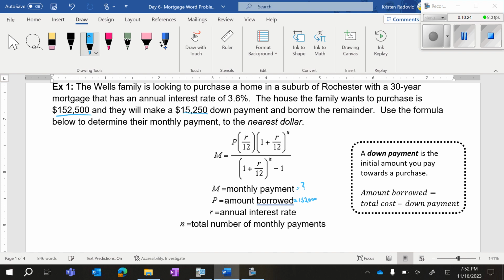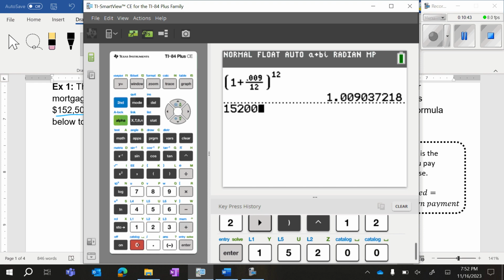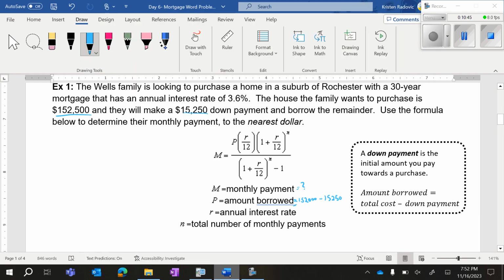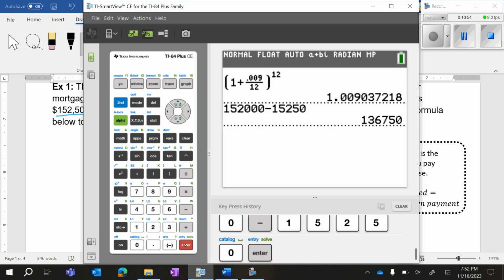I don't know, I need a calculator for that. 152,000 minus 15,250. So we borrowed $136,750. Now you need the annual interest rate, which can be found here. Just make sure you write it as a decimal.